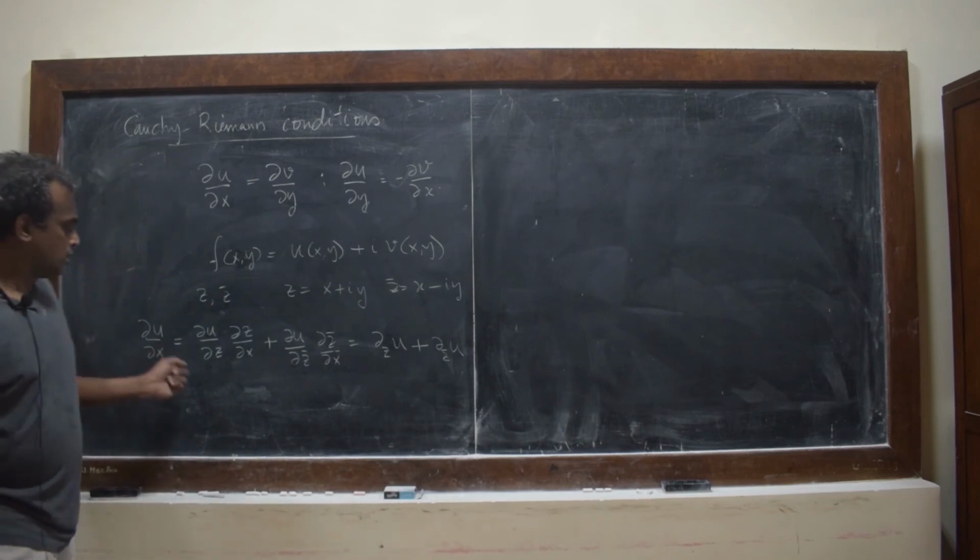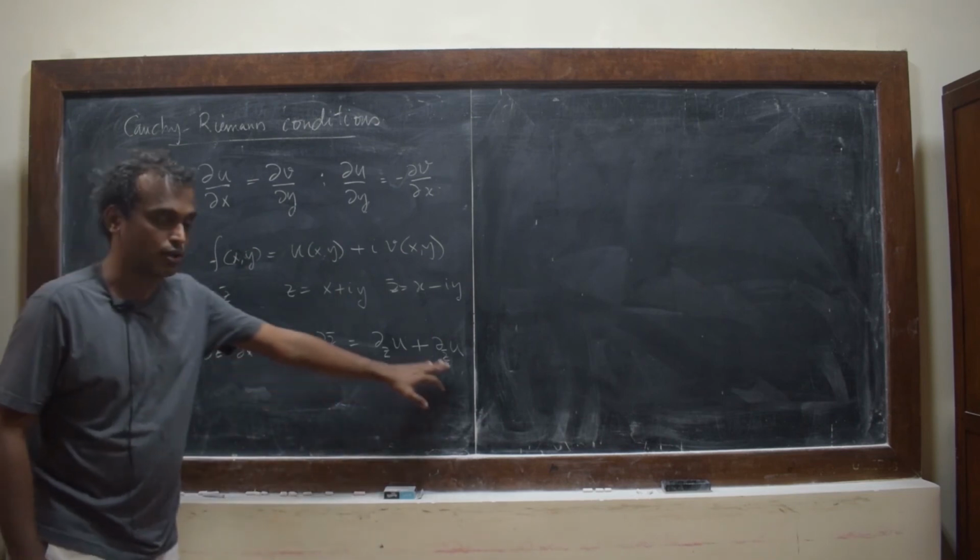So, that is what del u by del x looks like in complex coordinates.